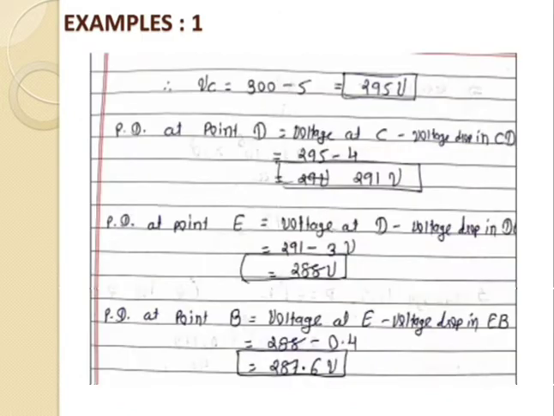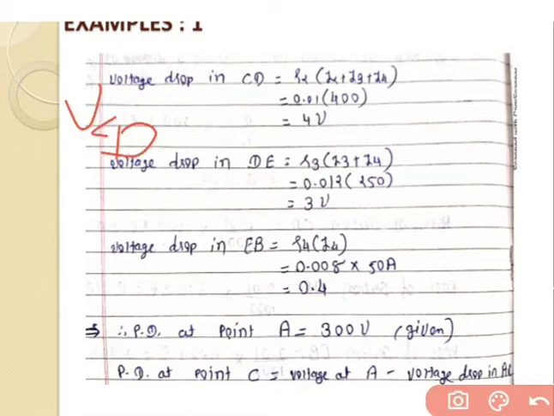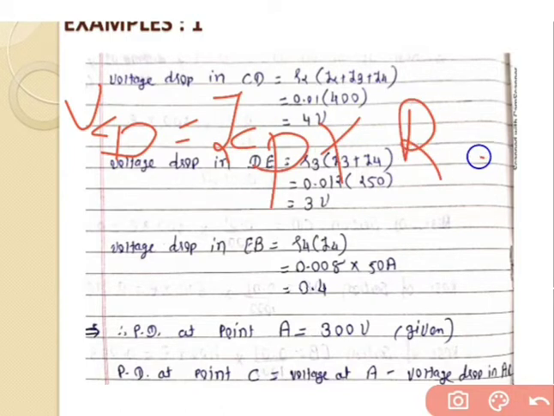Same way, go for the next section, the voltage drop in the CD section. Apply the equation VCD equals ICD into RCD, where ICD is the current flowing through the CD section and RCD is the resistance of the CD section, already calculated in steps 1 and 2.